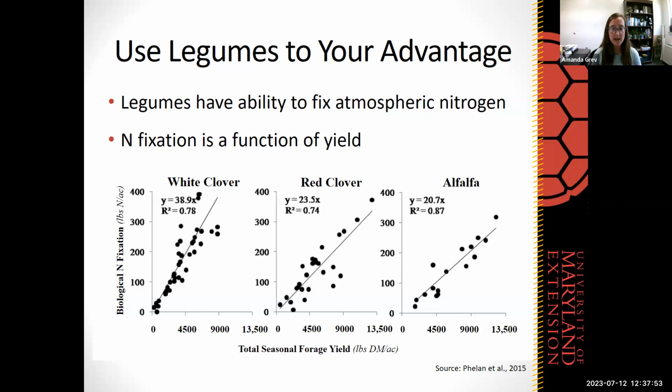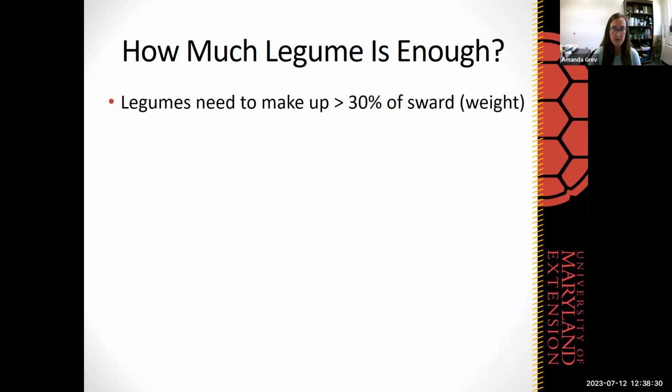I put this out there to make the point that a lot of times we get those little white Dutch clovers or little volunteer clovers that are just really tiny, and they fill in some of the bare spaces in our fields. While that does have some value, those really probably are not fixing very much nitrogen. So what we need, if we're going to rely on legumes for fixing nitrogen, is a good productive stand that's producing yield and is actively fixing that nitrogen. So increase in yield equals increase in nitrogen fixation for our different legume species.